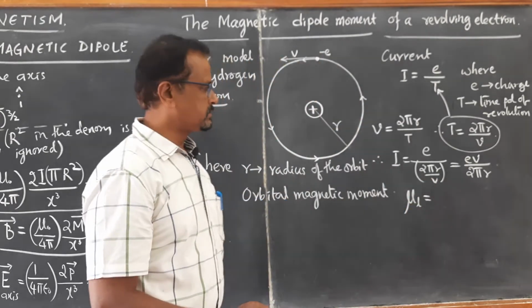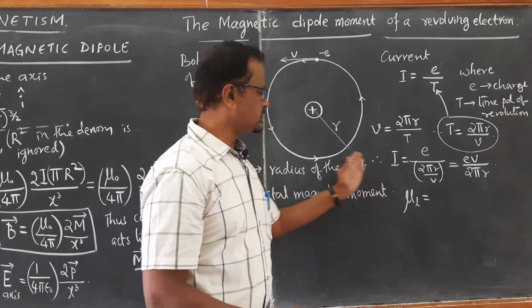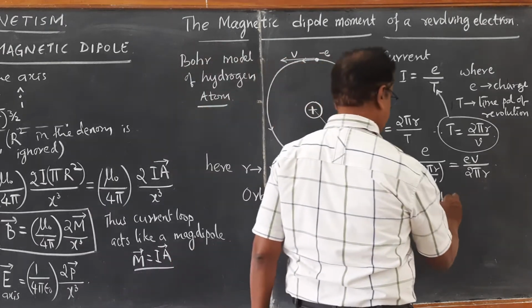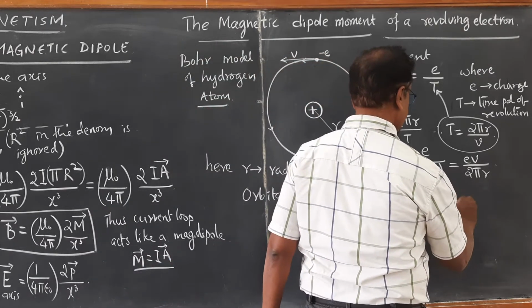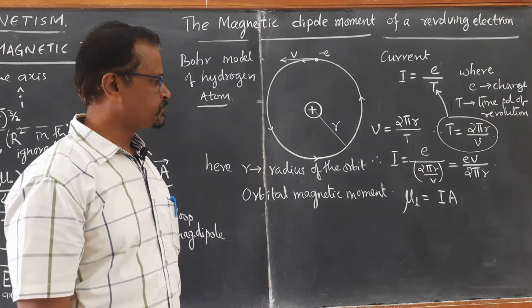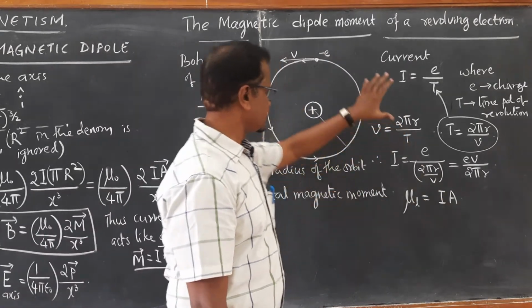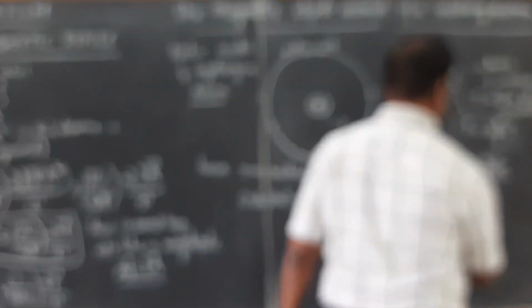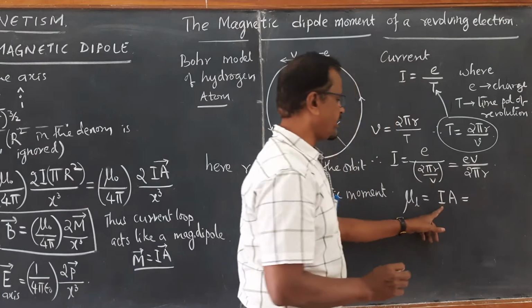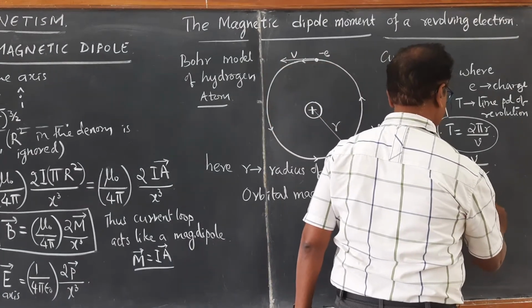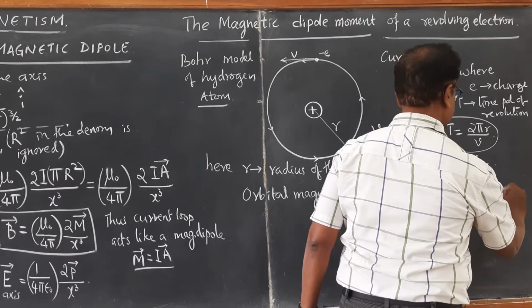Mu L is directly calculated from the current: current I into area gives us the magnetic moment. The area of this circular orbit is pi r squared. Substituting the value of I, it becomes e v upon 2 pi r into pi r squared.